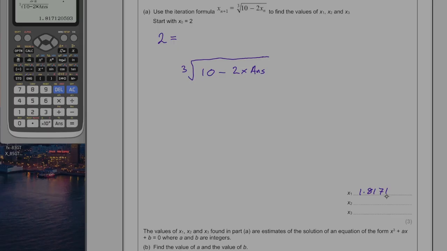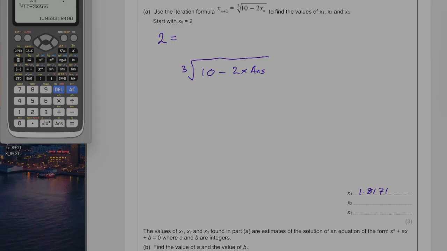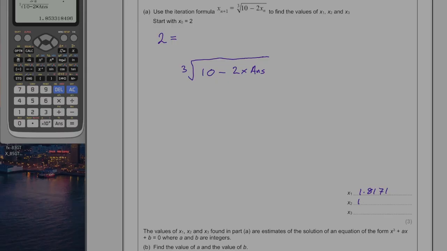And we'll go, yeah, 4 decimal places. Doesn't state how accurate. The next value then would be 1.8533. And then my final value would be 1.8462.